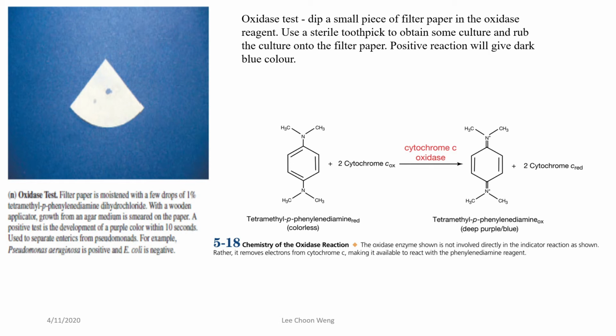We cannot use the normal nichrome inoculating loop because that will cause a false positive as it will react with your reagent. This is an important test as it differentiates between oxidase positive bacteria, for example Pseudomonas aeruginosa and your Vibrios, and your E. coli, which is negative.